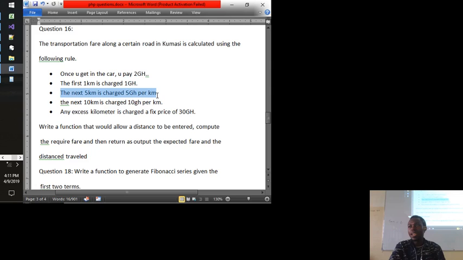Now, for the next 5 kilometers, each kilometer will cost 5 cedis. But he's not covering 5 here, he's covering 4, because his 1 kilometer is already here. So he's left with 4 kilometers, and each is 5 cedis. So here he will pay 20 cedis. If he covers the whole 5, then that will be 25. But here he's paying 20 cedis for 4, then 1 cedi, and then 2 cedis. That will be 23.